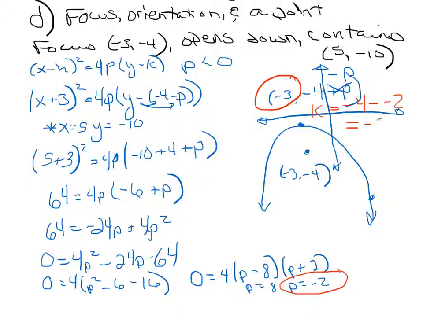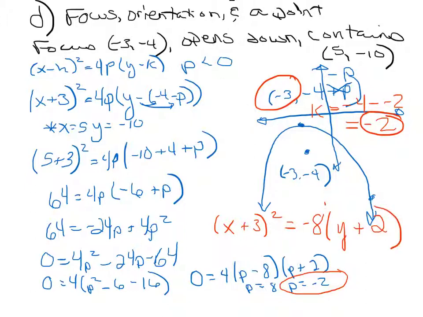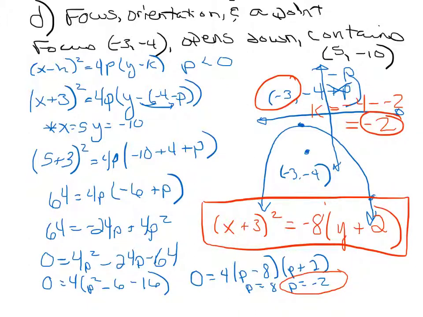So my k is -2. So now that I have that, I can go ahead and say I have (x - (-3))^2 = 4 times p, so 4 times -2, -8, times (y - (-2)), so plus 2. And there's my equation for my parabola in vertex form.